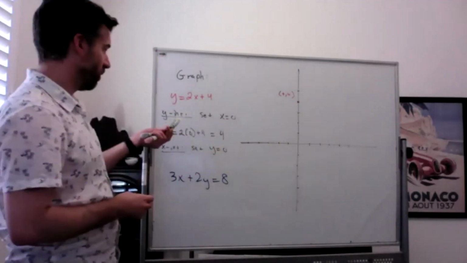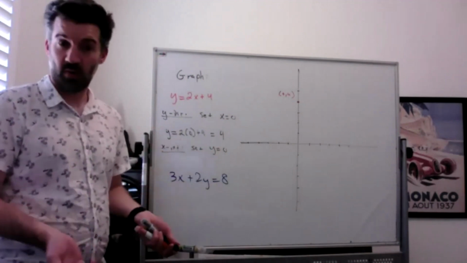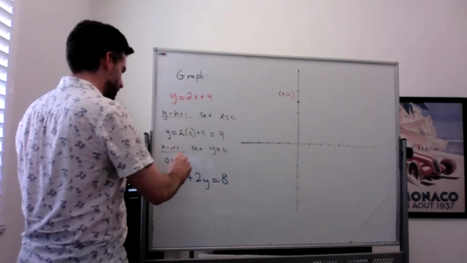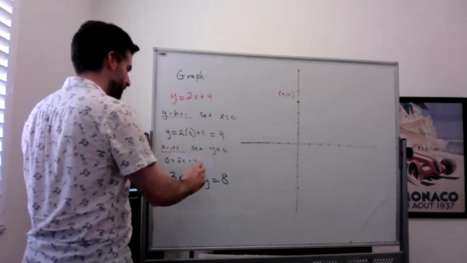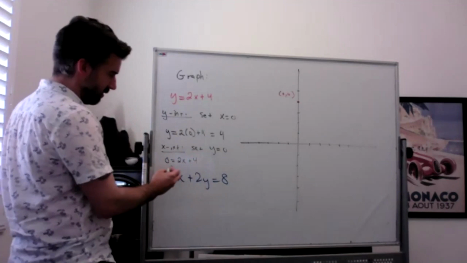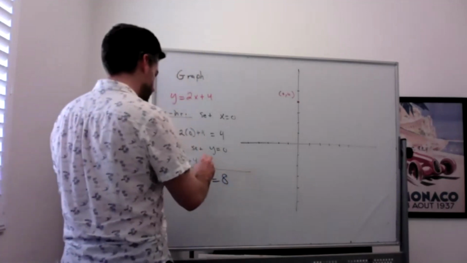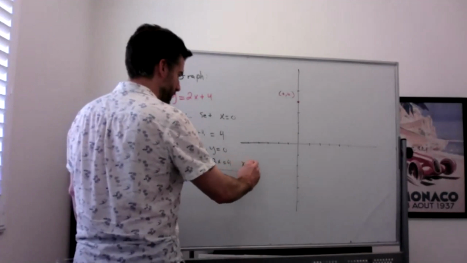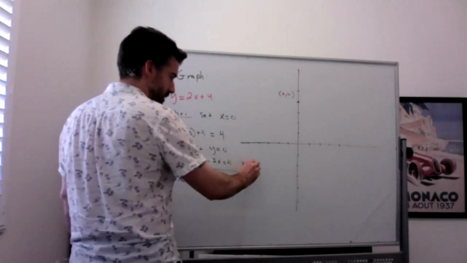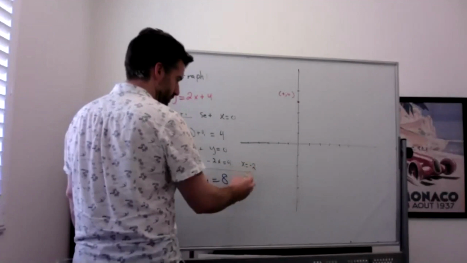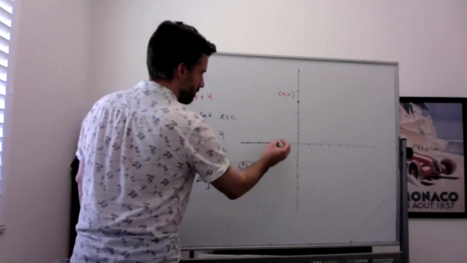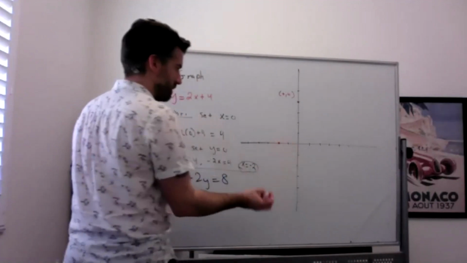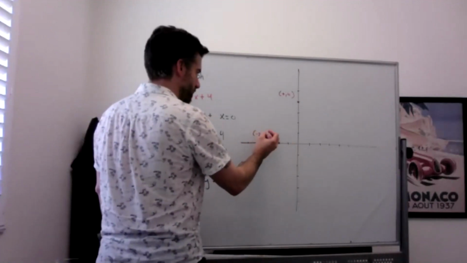Usually, at least in this form, finding the x-intercept is a little bit more work. If we set y equal to 0, I'm going to have 0 equal to 2x plus 4. I can subtract 2x from both sides and get negative 2x equal to 4, or x equal to 4 divided by negative 2 is negative 2. So there's my x-intercept at negative 2, 0.